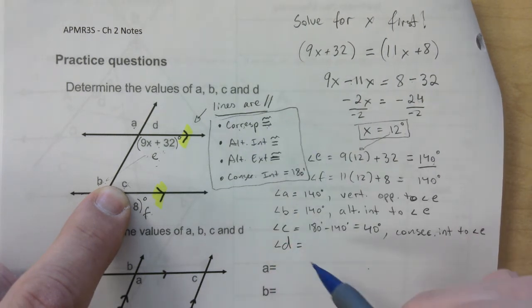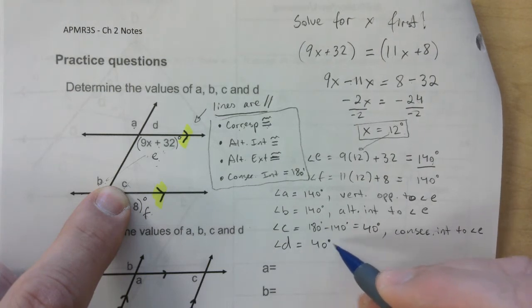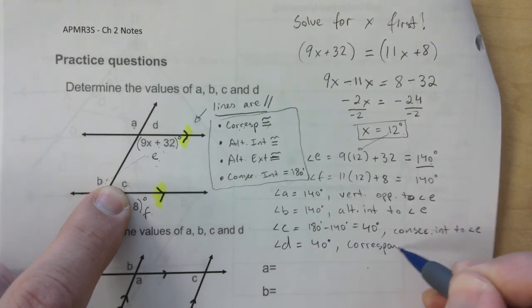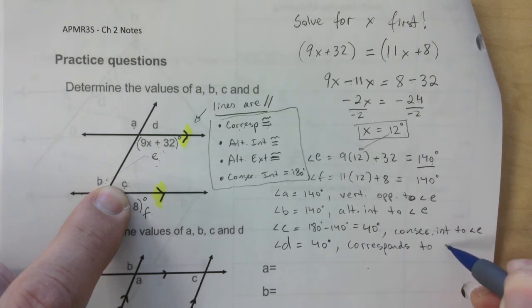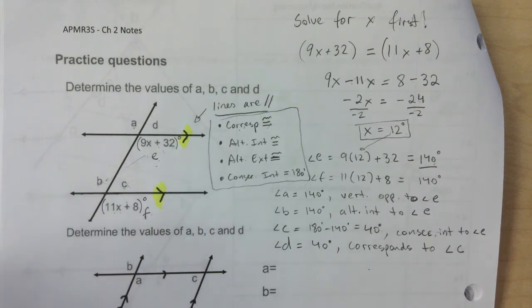So I go look at C. C was 40, so D is also 40. Corresponds to angle C. This is just one way of justifying what I just did.